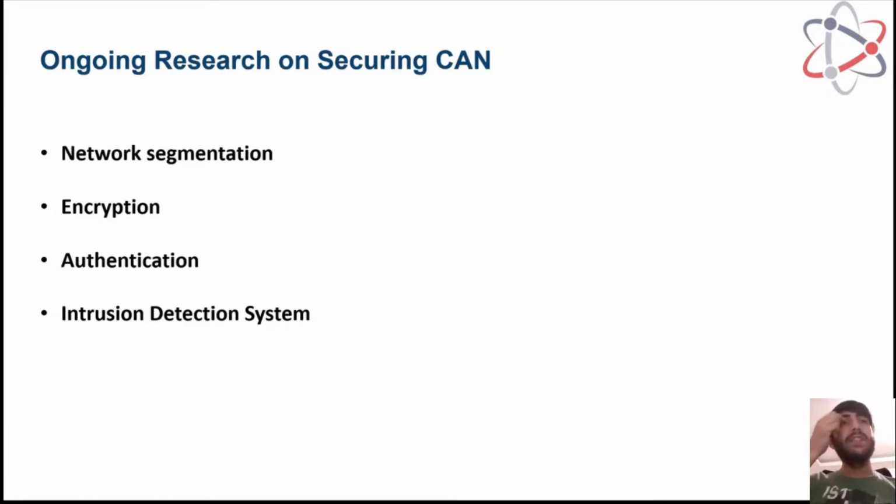Encryption and authentication is another method to secure the CAN network. Encryption is scrambling the data. Therefore, it will be harder to understand messages, and therefore to implement attacks. Authentication only allows verified users to access the bus.